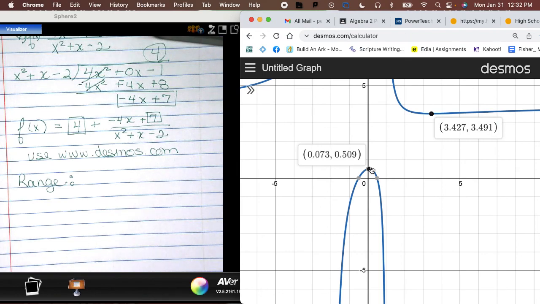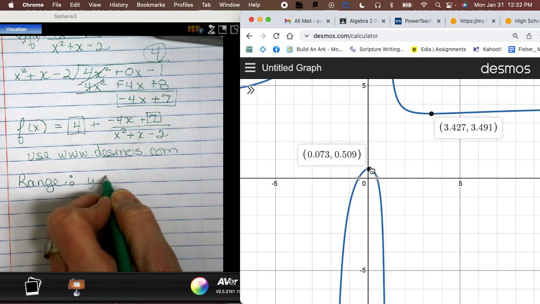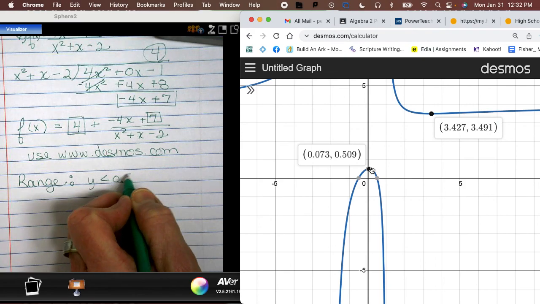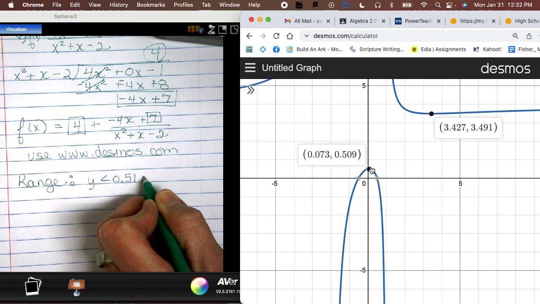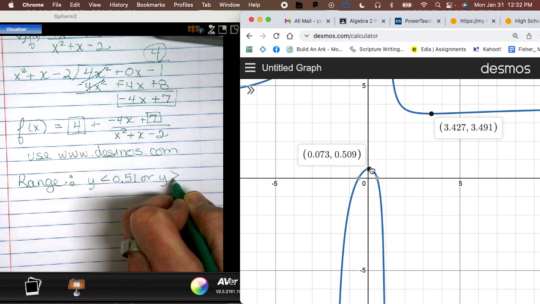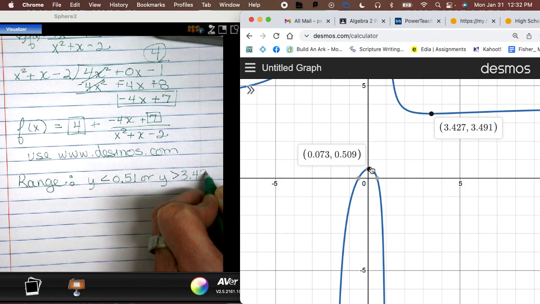I think they said in the homework, round any decimals to the nearest hundredth. So that one is tricky. So my bottom y is less than 0.51. Then my top one, y starts up after 3.49.